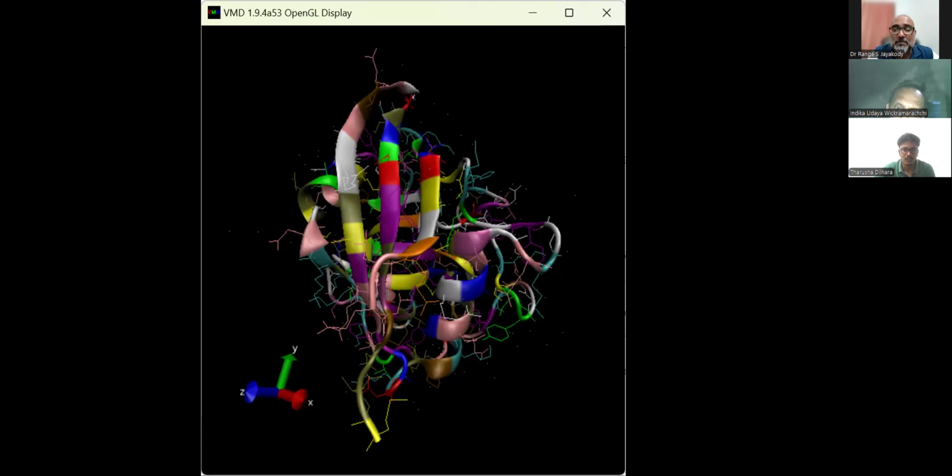Because when we have a brand new sequence for which we don't have a 3D structure, we can predict: according to our previous knowledge, this is going to be an alpha helix, and this is going to be a beta sheet.